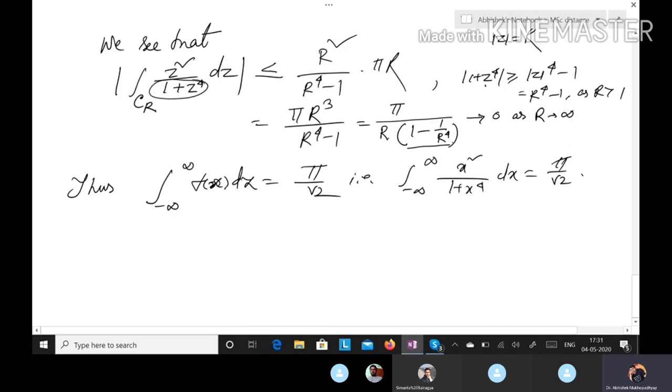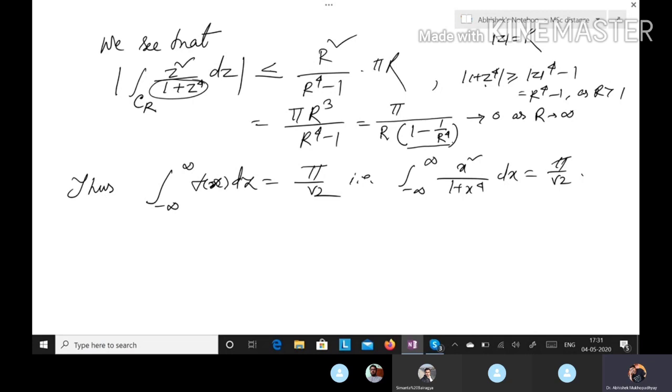So with the help of Cauchy's residue theorem, you observe that without doing any integration, we have deduced the value of the improper integral. But if we consider this problem in real analysis, then this will be more cumbersome to handle. This will not be very easy as compared to using Cauchy's residue theorem.